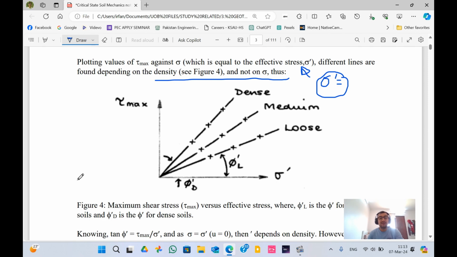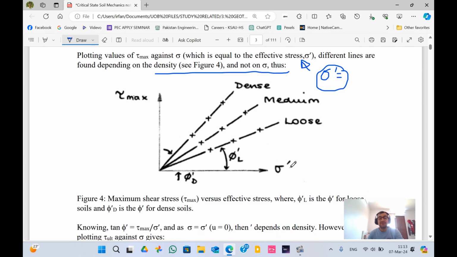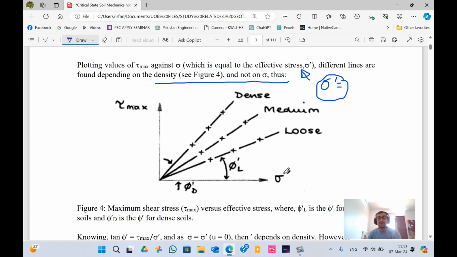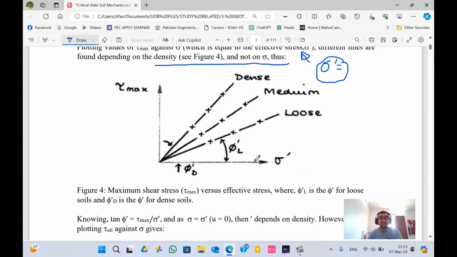Now, shear maximum versus effective stress. If you plot it this way, because now there is no pore water pressure, the lines will be like this, because there will be dense, then there will be medium, there will be loose soil, and this is the angle.